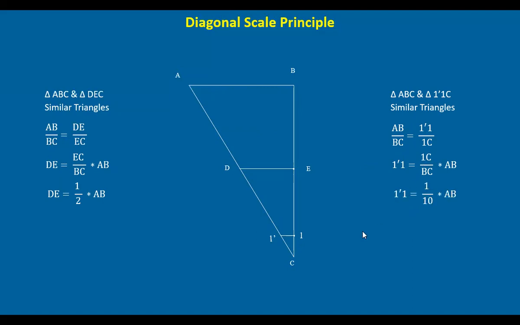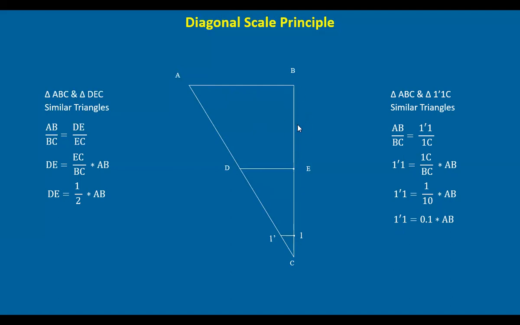Now, substituting, because we have assumed this is 1 centimeter and BC is 10 centimeters or 10 units, you get 1 by 10 into AB. So what is 1 dash 1? 1 dash 1 is nothing but 1/10 of AB, or 0.1 of AB.